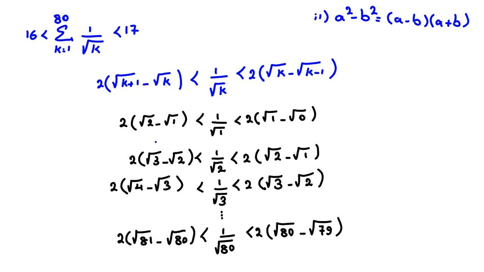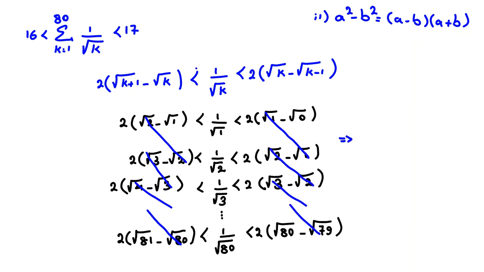Okay, now telescoping sum. Here we have also telescoping product, similar to this, which is exactly this part. When you add all these inequalities, on the left hand side these terms will be cancelled like this and this. So also here we can say this part will be cancelled, this part will be cancelled, this part.